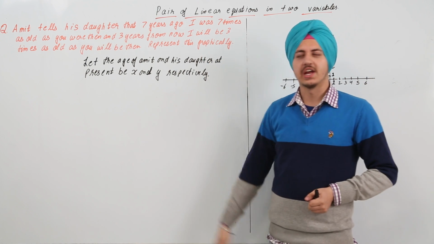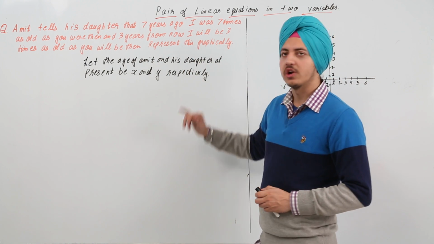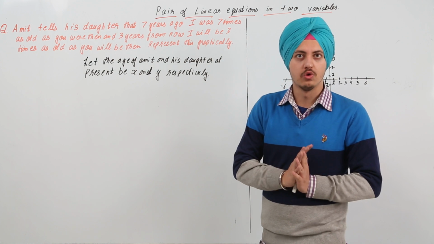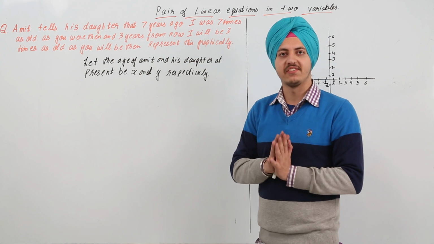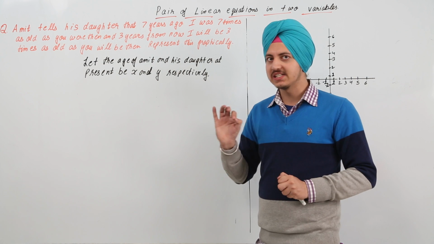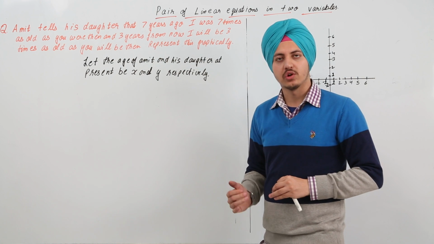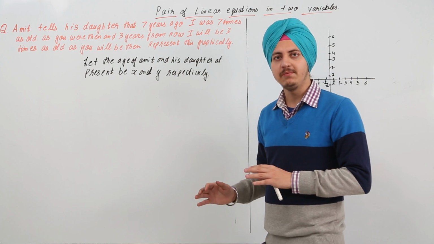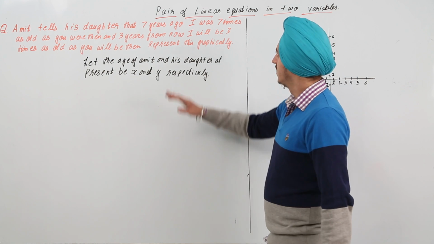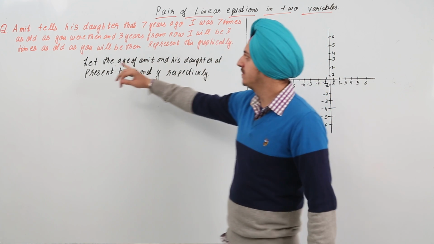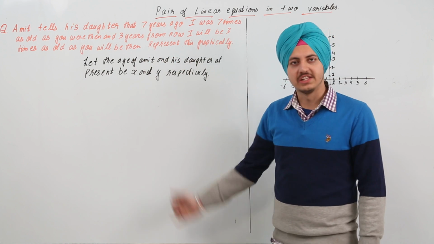Now read the question again. It says Amit tells his daughter that 7 years ago. So what will be Amit's age 7 years ago? It will be X minus 7. And what will be his daughter's age at that time? Y minus 7. I was 7 times as old as you were then.